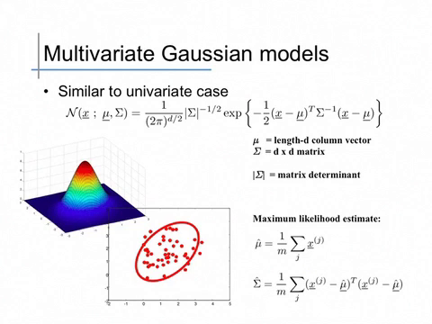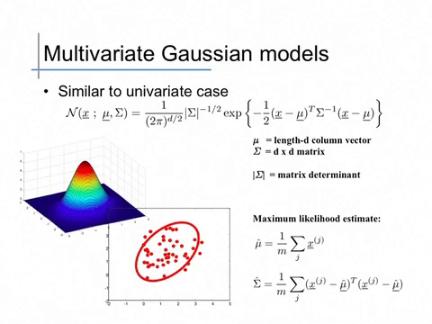For multivariate continuous features X, we can use a similar Gaussian approach where, instead of learning a single scalar Gaussian distribution, we learn a multivariate distribution for X, which will then be parameterized by a vector mean and a covariance matrix. So the mean will be of the same size as the number of features that we have, and the covariance matrix sigma will be n by n, where n is the number of features.